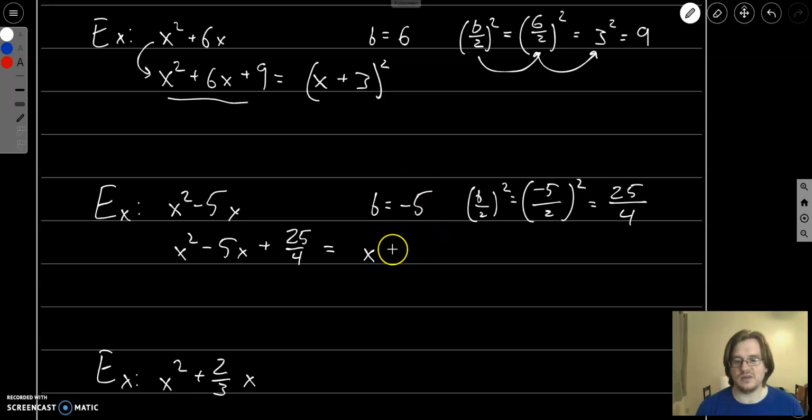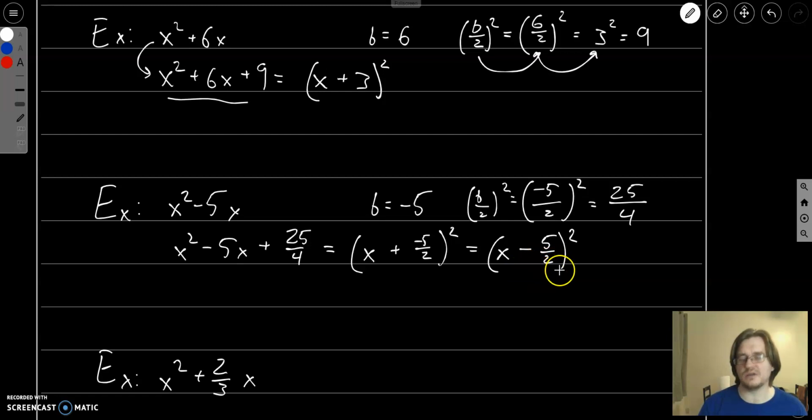So one way to write this is going to be x plus negative 5 divided by 2 squared. Now negative 5 divided by 2, this is a negative number. So another way of writing this is going to be x minus 5 over 2 squared. It doesn't matter if the negative sign is up here, just on the 5, or if we pull it out front and just subtract the whole fraction. I think this is easier to work with and to think about.